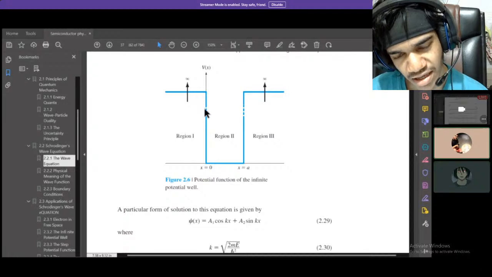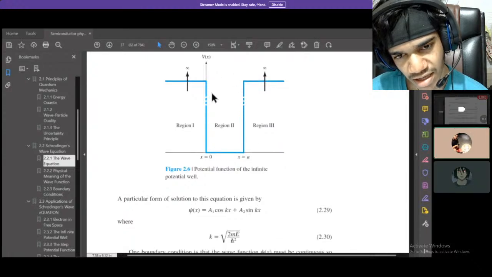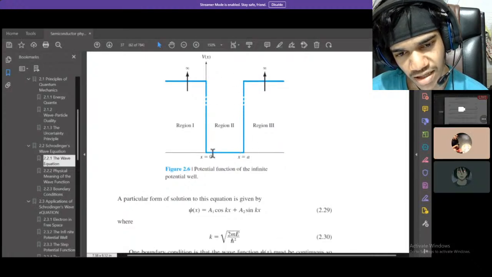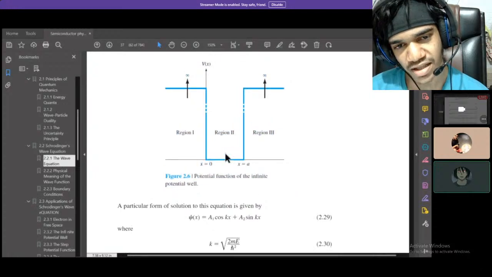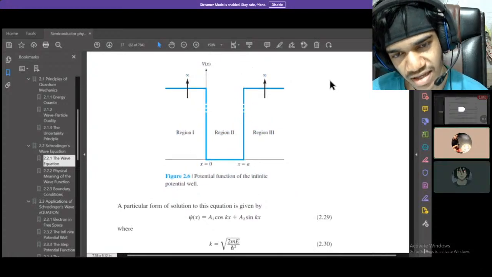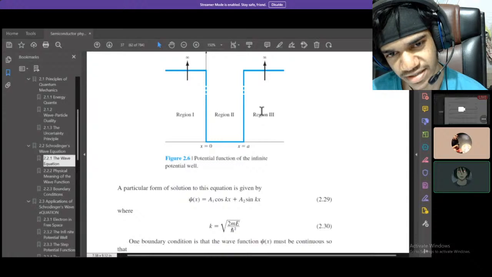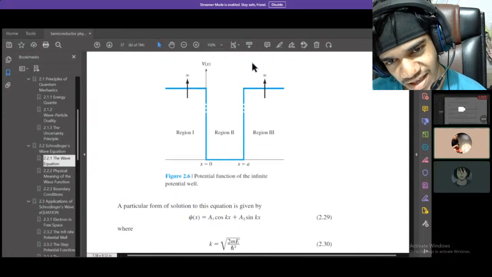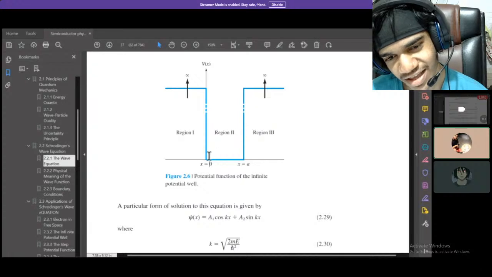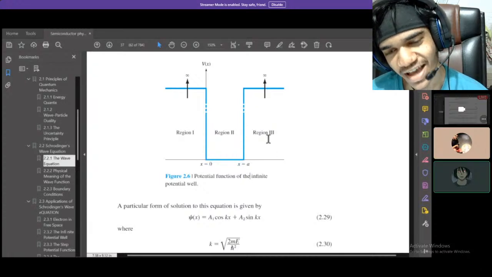Oh, I understand now. Correct me if I'm wrong. This is the region where the potential is zero, and except that, everywhere the potential is infinity. So basically, if anything is outside this range, it can't be there, it needs to come back in.